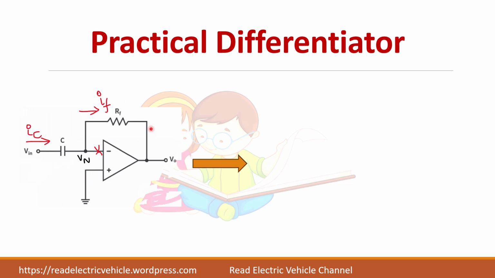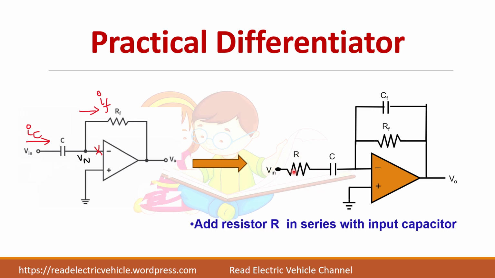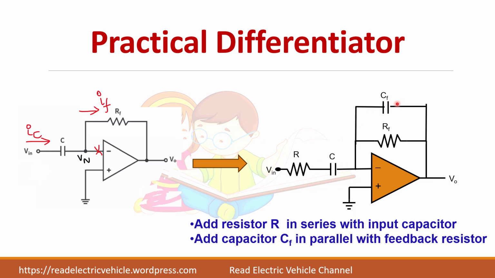So this is the circuit which we analyzed. So let us do some small modifications, like introducing a resistor here. That is, you are adding a resistor in series with this capacitor, and you can also add a capacitor in parallel with this resistance. So this is basically done to increase the input impedance, because that is one of the major drawbacks.